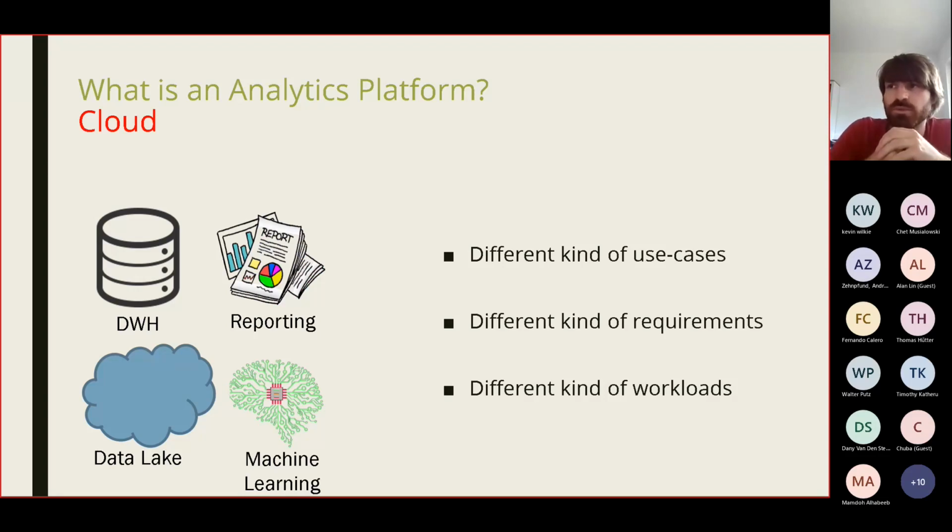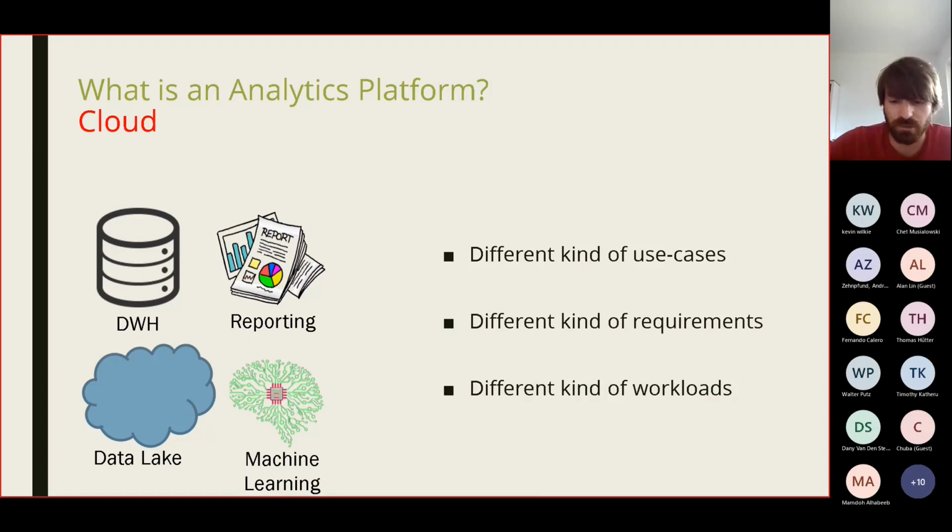If you want to build an analytics platform on premise, you require a really a lot of hardware and a proper team to maintain and operate that hardware. That's usually super expensive. The main thing is that it's a huge cost investment, and you probably don't know in advance what you actually get out of it.